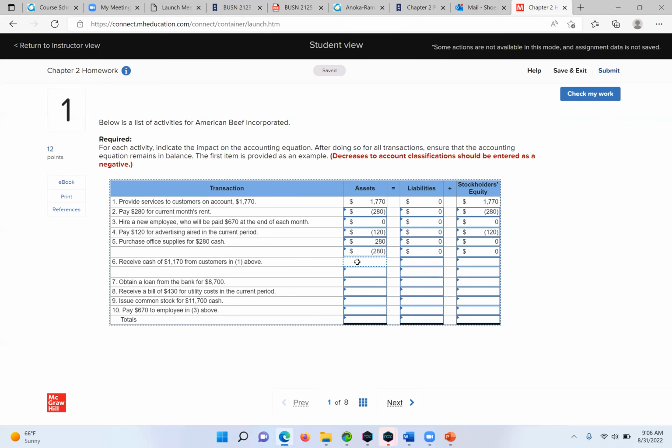So if you think about it, cash went up, in my case, $1,170. And now the accounts receivable goes down $1,170 because they paid us. They don't owe us that money anymore. So this transaction increased our cash, decreased our accounts receivable. Therefore, assets were affected. One went up, one went down. Nothing else was affected.